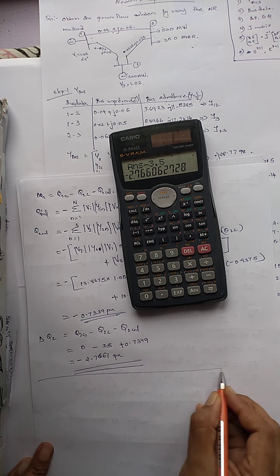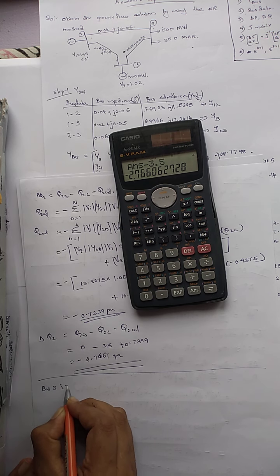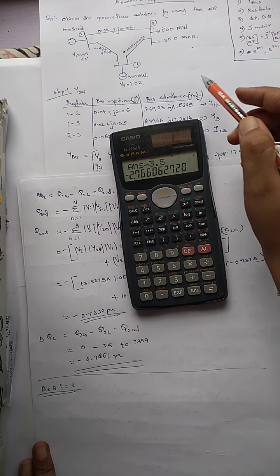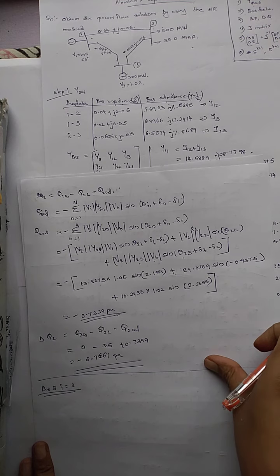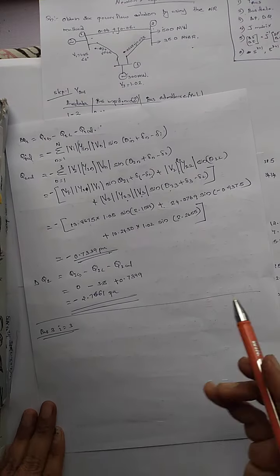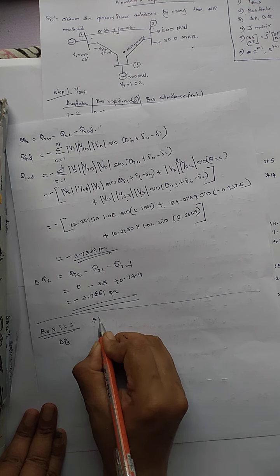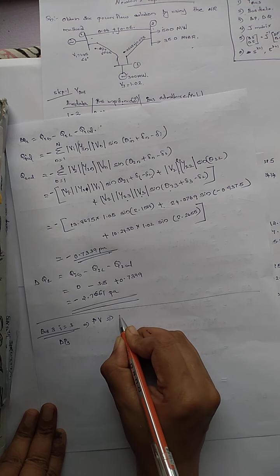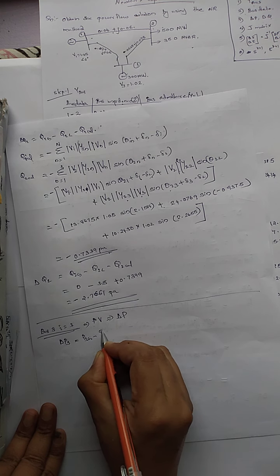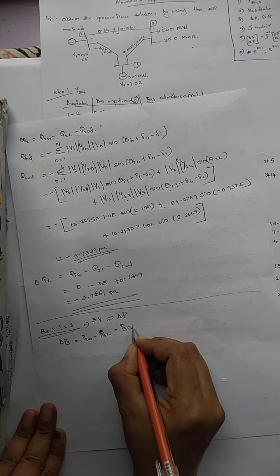Similarly for bus 3, that is i equal to 3. The third bus is a PV bus, isn't it? So we have to find out delta P3. Delta P3 is equal to P3 generated minus P3 load minus P3 calculated.